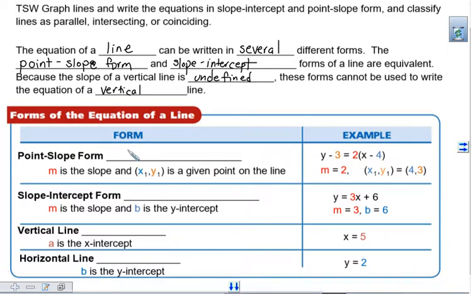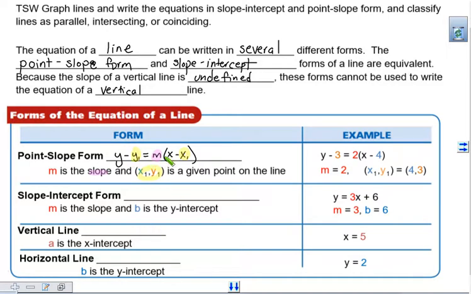Point-slope form is y minus y1 equals m times x minus x1. And m is your slope. The x1 and y1 are your coordinates.